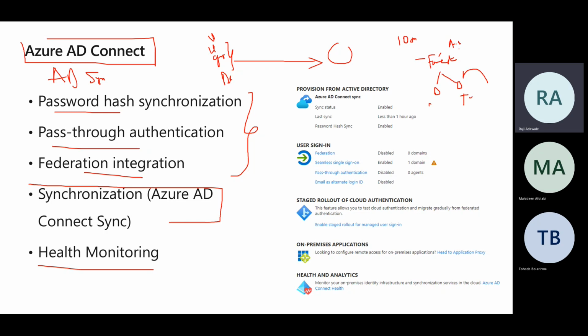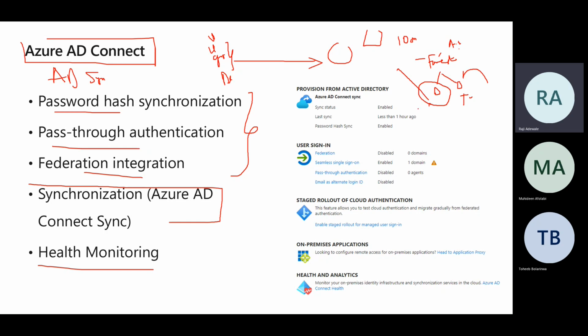Let's say this is tunde.com, a domain within the forest. So what AD Sync is saying is that I can only sync one domain, adewale.com, at a time to my cloud tenant.